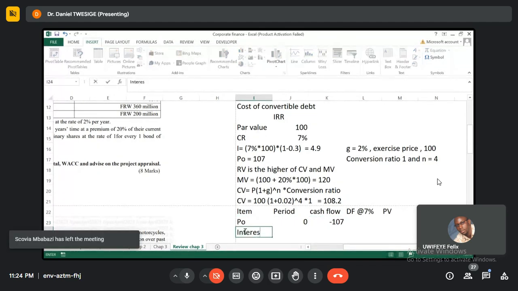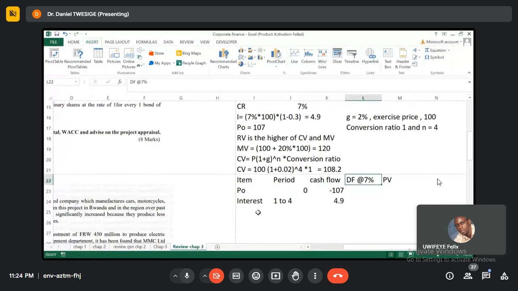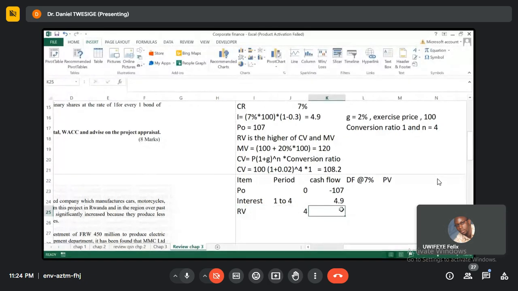Then we have our interest or coupon from period 1 to period 4. It is 4.9. And our RV in period 4, which is 120.